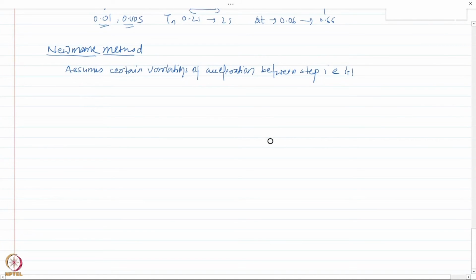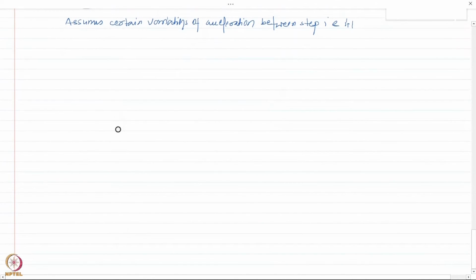In the first type of numeric method, if I go from step i, where the acceleration was ui double dot, to the next step, i plus 1, it is assumed that acceleration is constant between step i and i plus 1. So it is a constant value.